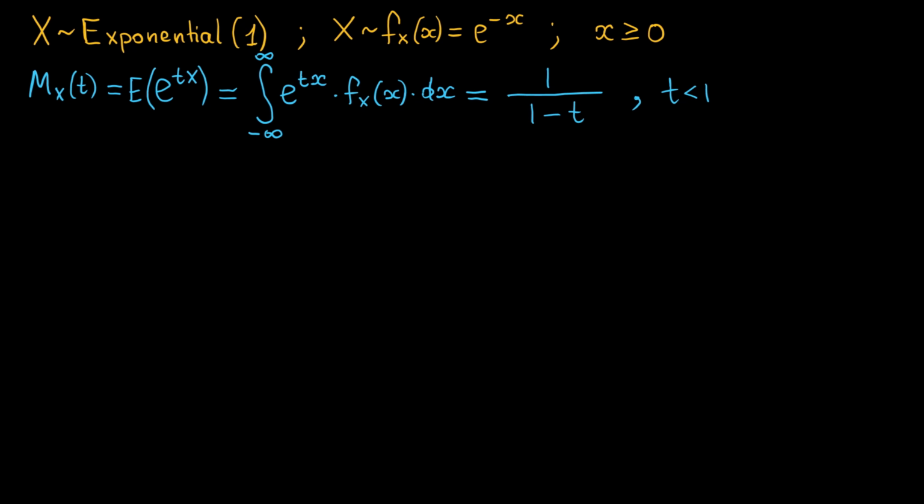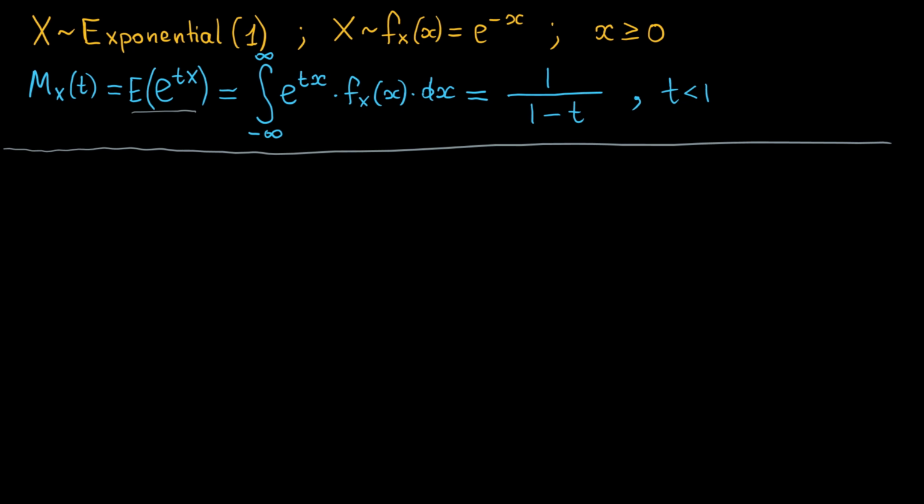Let's briefly recap what we have achieved so far. We have shown that for the exponential 1 distribution, when we applied the definition of the moment generating function, we had to evaluate this integral, and when we evaluated it, we obtained this function 1 over 1 minus t.